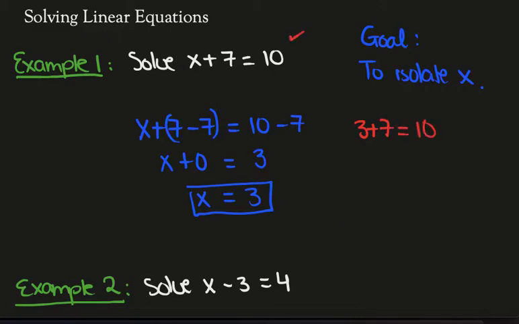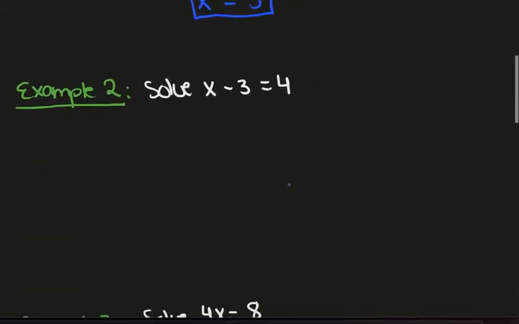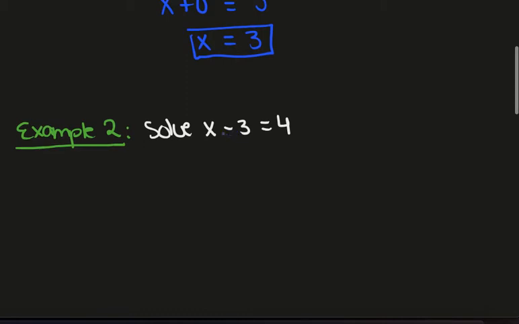Good. Okay, moving on to this next example, we have x minus 3 equals 4. Now remember that there's no multiplication terms or anything to worry about, so we're only going to get rid of this minus 3, and we have to do the opposite. So the opposite of minus 3 is plus 3, so we'll have x minus 3 plus 3, and whatever we do to the left hand side, we have to do to the right hand side.